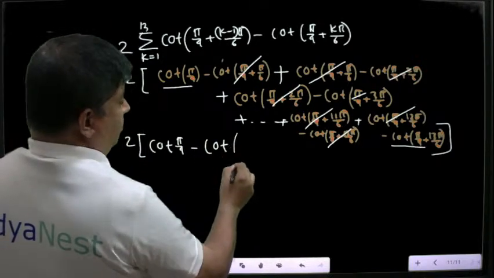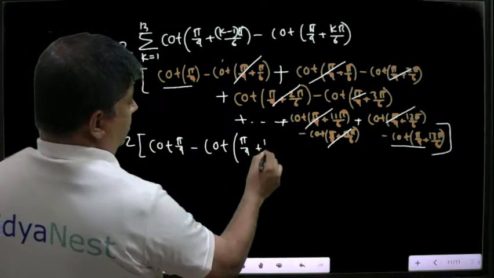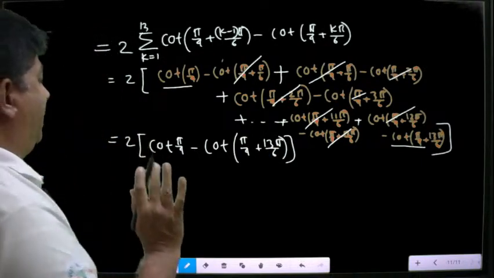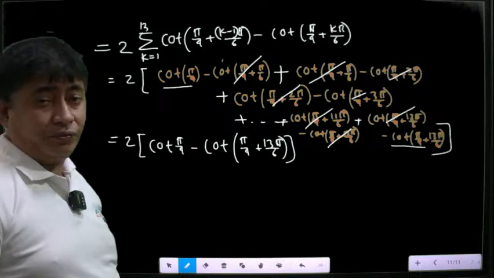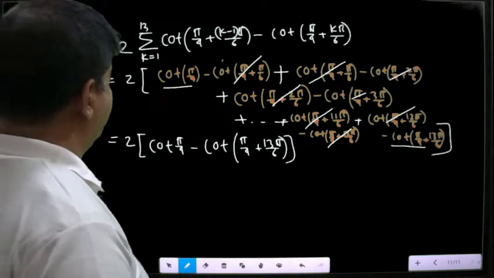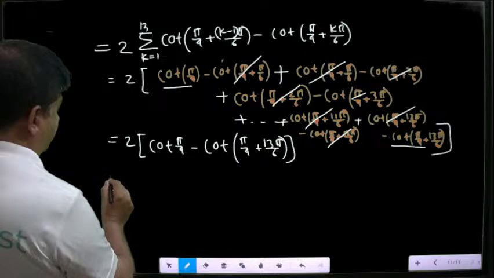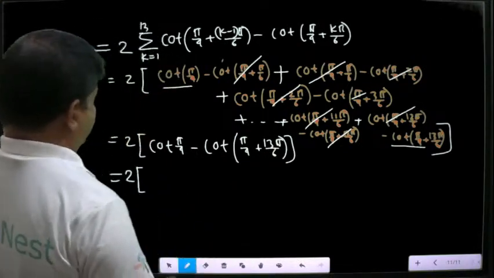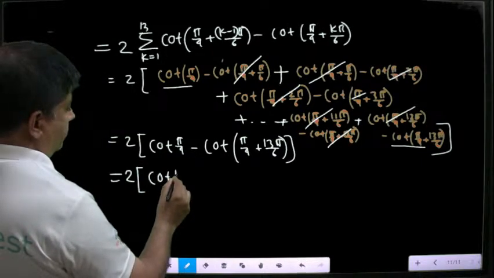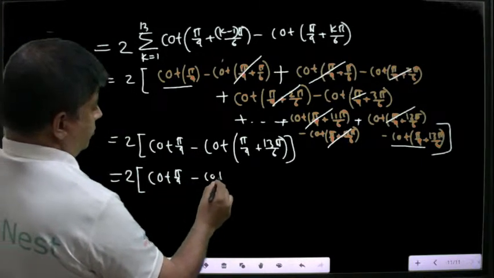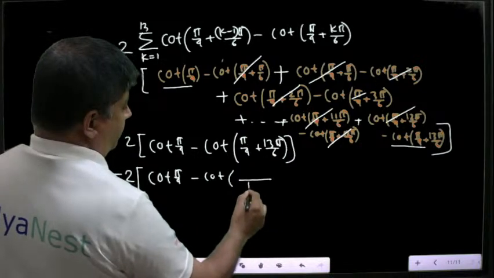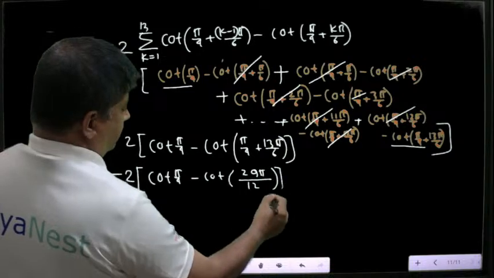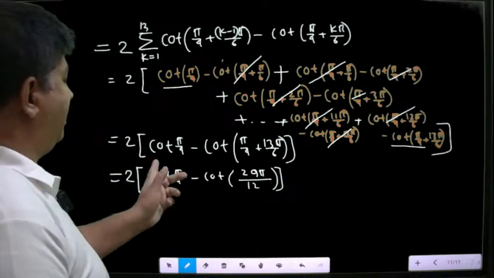Now, maximum simplification is done. So, we need to put the value of pi, or we have to simplify it. Now, take the LCM of this. Four and 6 LCM is 12. You will get 29 pi.